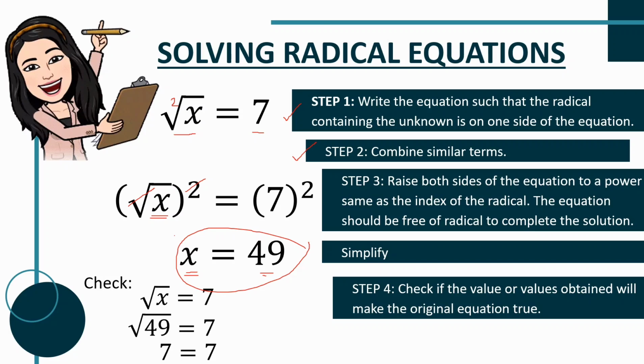If you get equal terms in both sides, so therefore, your answer is correct. So, therefore, x is equal to 49 is the true solution in our given radical equation. Did you understand? Okay, I hope so.